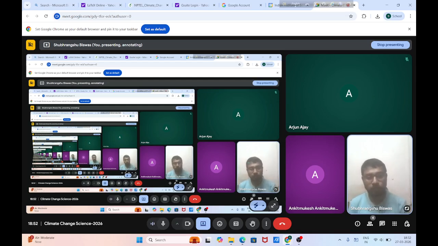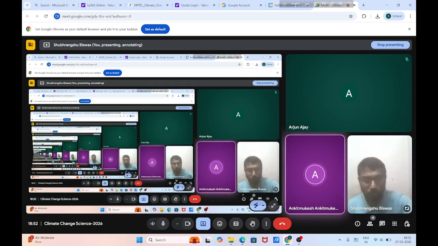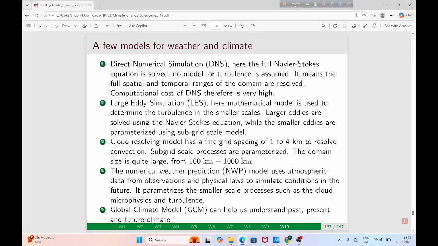So they will miss the information at local levels, but they will consider the aggregate effects of the clouds. That might be slightly wrong, that might be largely wrong also, but they will assume that. So that is parameterization. So in LES, they try to parameterize the smaller scale grids, eddies, which are known as subgrid processes. And there are different models for parameterization.